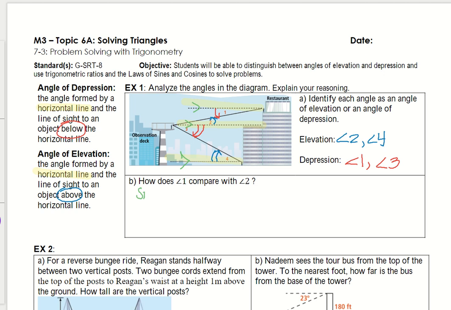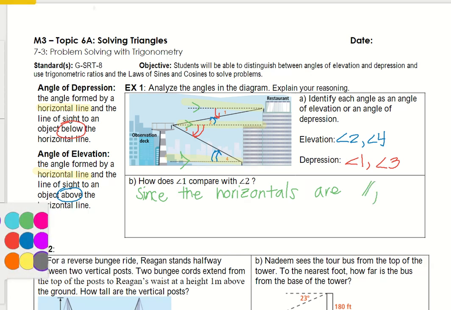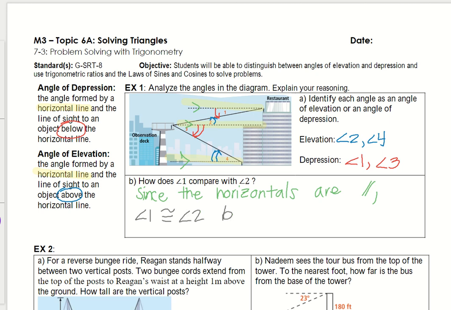Since the horizontals are parallel, we know these are alternate interior angles, and alternate interior angles are congruent. So angle 1 and angle 2 are congruent because they are alternate interior angles.